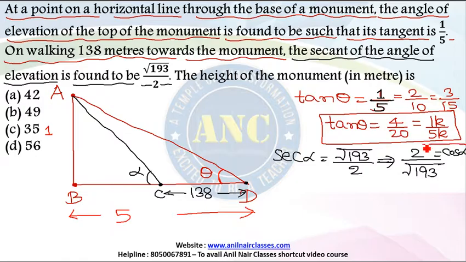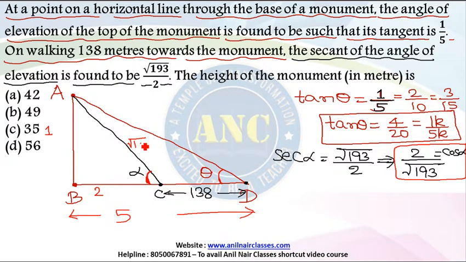Similarly, cosine of angle alpha, cos alpha is nothing but adjacent by hypotenuse. For this alpha, adjacent side is nothing but how much? It is 2 units. Hypotenuse is nothing but how much?